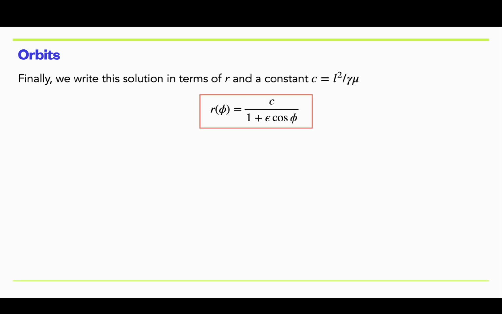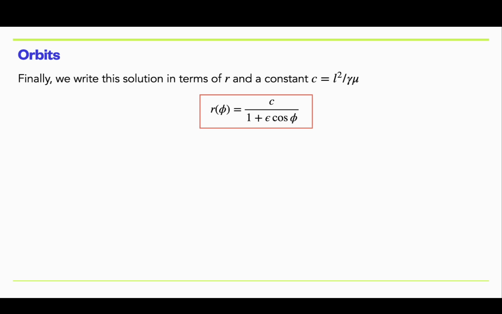So again, I highly recommend that you go through all the math by yourself to follow all the steps. But you can show that the radial coordinate is a constant over 1 plus epsilon cosine phi.